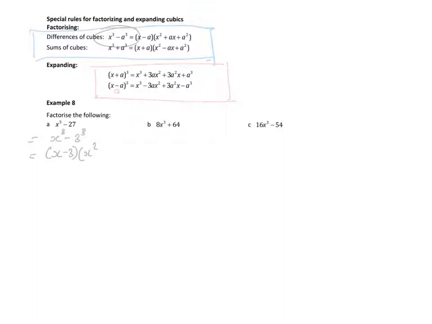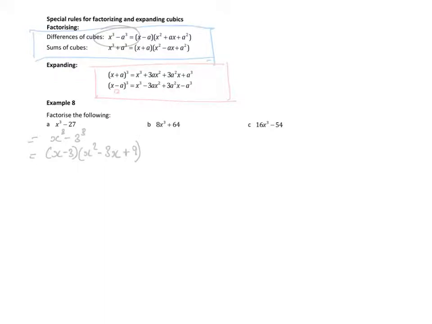The first term times the second term would be minus 3 times x, so plus and a minus make a minus, so it is minus 3x. And then it is the second term squared. Now the second term is minus 3, so therefore minus 3 squared is positive 9.